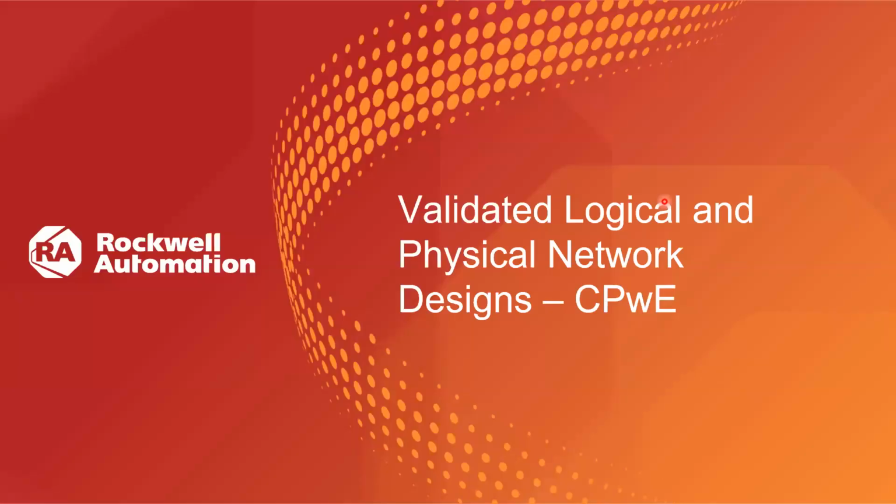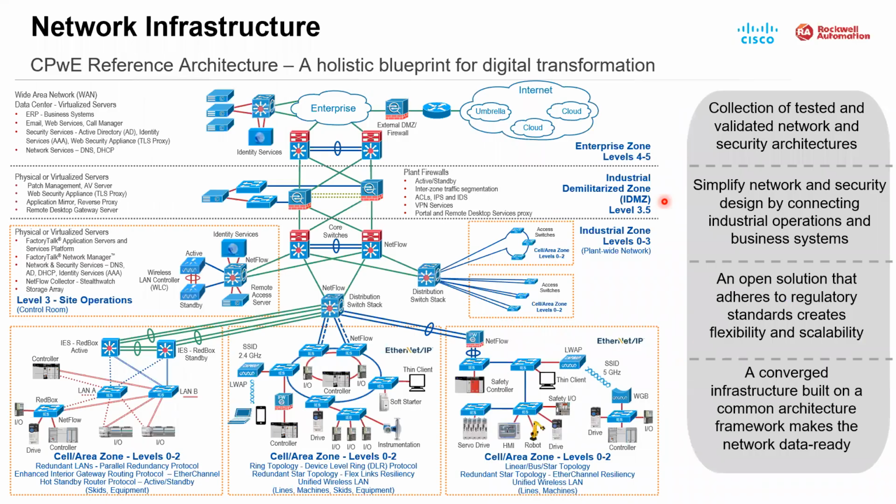Okay, so that brings us into CPWE, or the Converged Plant-Wide Ethernet. This is really just, again, more of a review. If you've been to any kind of Rockwell networking seminar before, you've seen this picture. Over the years, Rockwell joined forces with Cisco, and they've come up with the blueprint for this Converged Plant-Wide Ethernet.